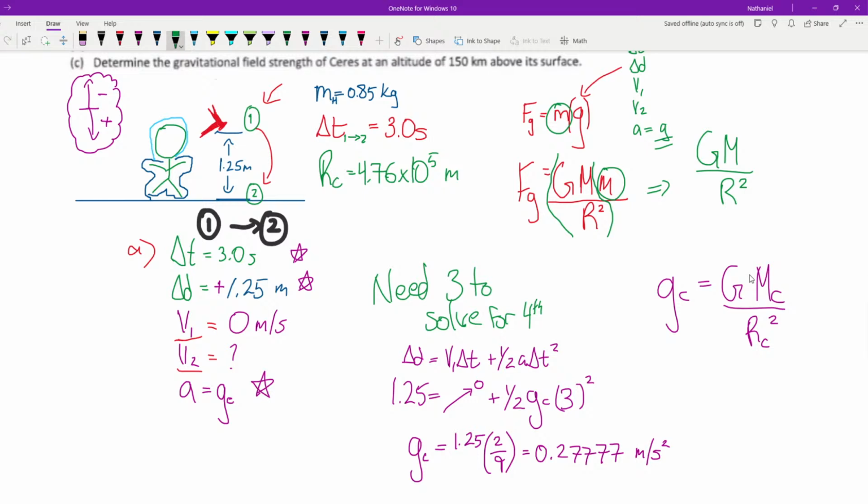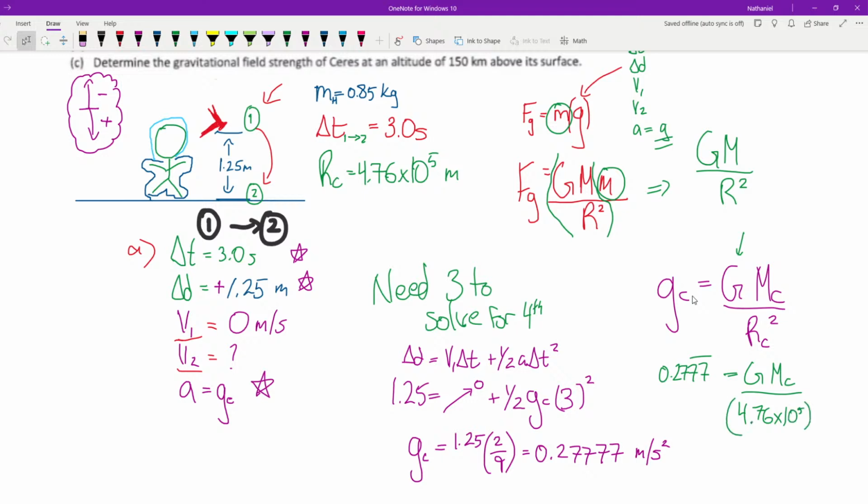So this is a constant, the gravitational constant. This is 0.2777 repeating meters per second squared. Actually, let's not include units because everything is in standard units. So we're good. Then G, MC is what we're solving for, over the radius that we wrote down at the start.